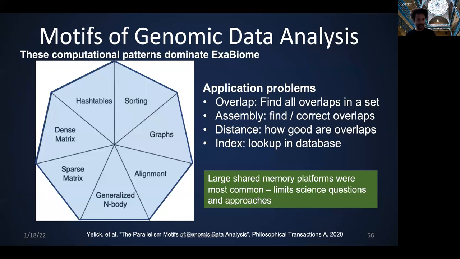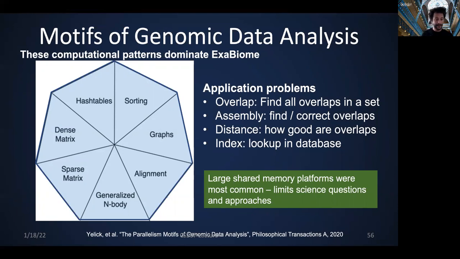And another study that I contributed to, led by Kathy Yelick, looked at motifs of genomic data analysis, meaning you have large genome data, and we broadly define genomes to include a lot of things like transcriptomes, which is the RNA, proteins, and metagenomes, which are these clusters of genomes we talked about that live together.